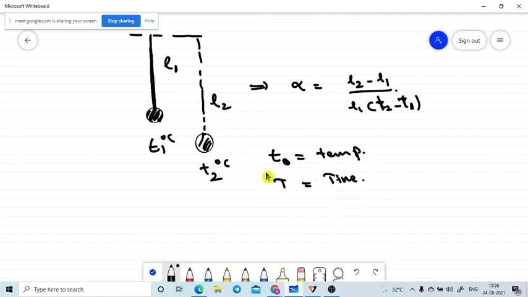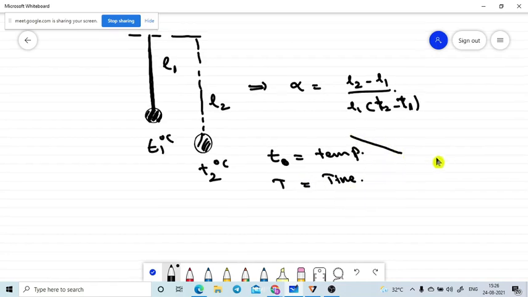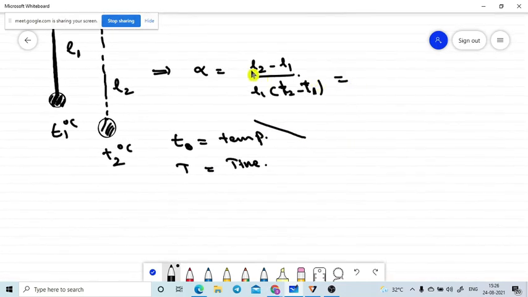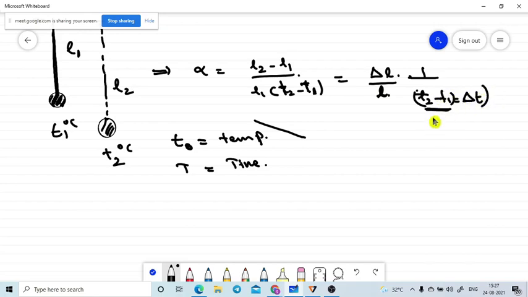Here we are getting two types of T. L2 minus L1 is nothing but delta L, the change in L. L1 is the initial length, so I take L into 1 divided by t2 minus t1, which is the change in temperature. I will use small t for it.